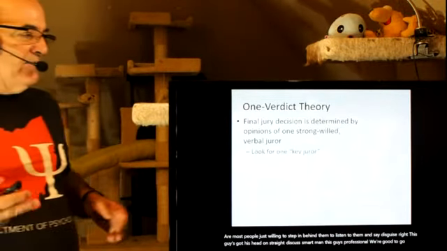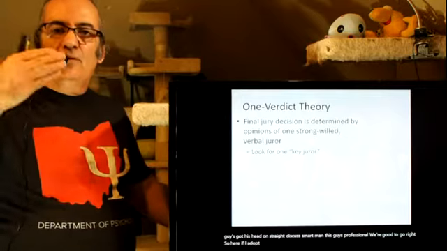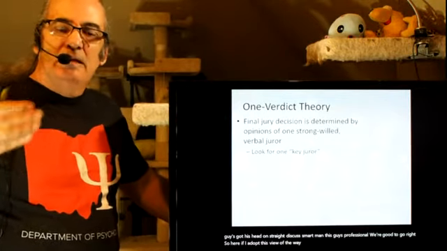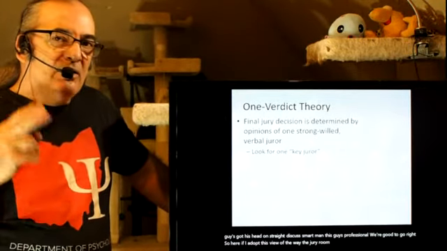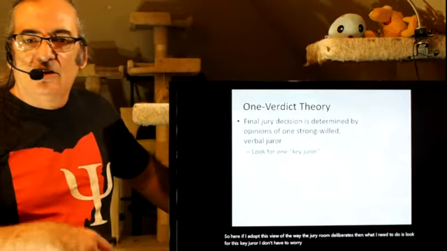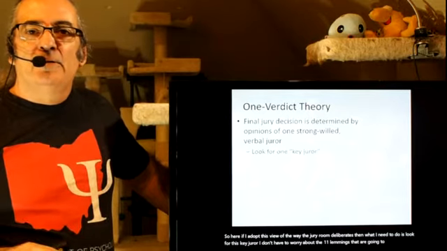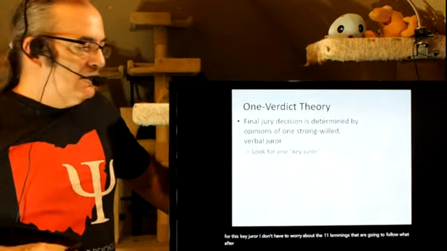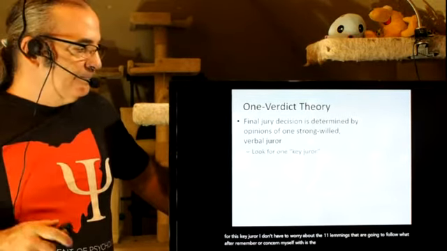So here, if I adopt this view of the way the jury room deliberates, then what I need to do is look for this key juror. I don't have to worry about the 11 lemmings that are going to follow. What I have to remember or concern myself with is the one leader, right?